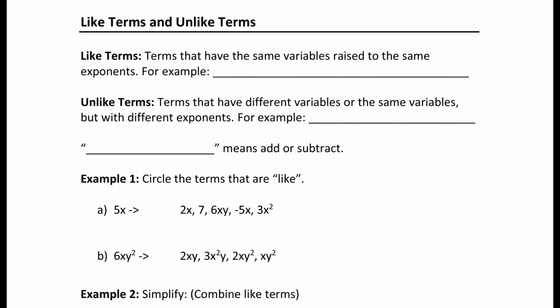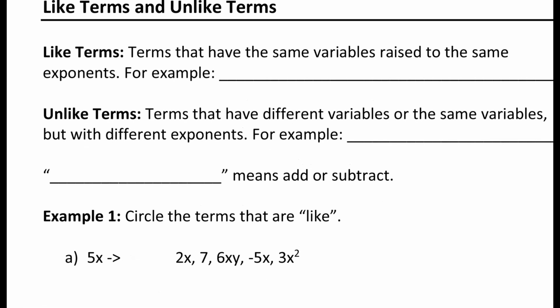Like terms are terms that have the same variables raised to the same exponent. For example, if we had 2x squared and negative x squared and 350x squared, it all has the same variable and the same exponent because the variable that we're looking at is x and our exponent is squared.